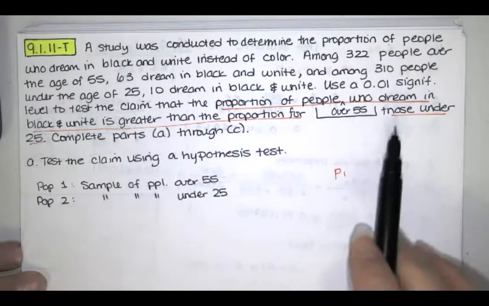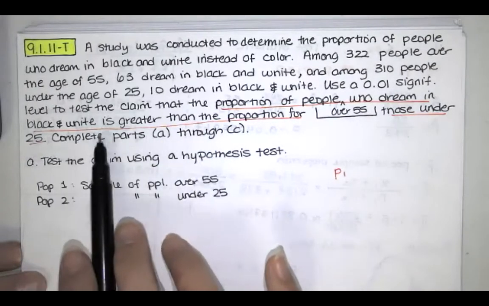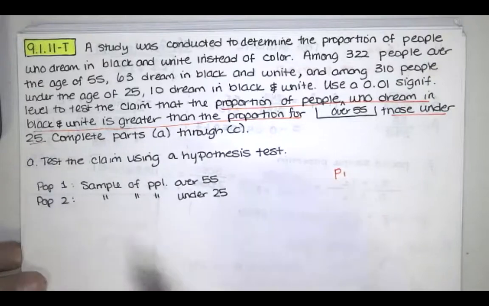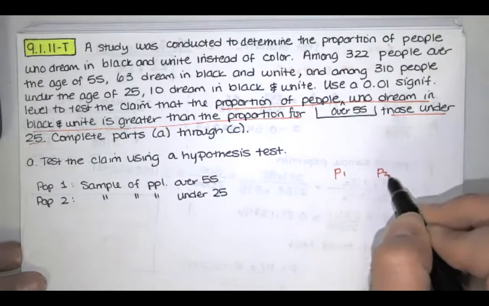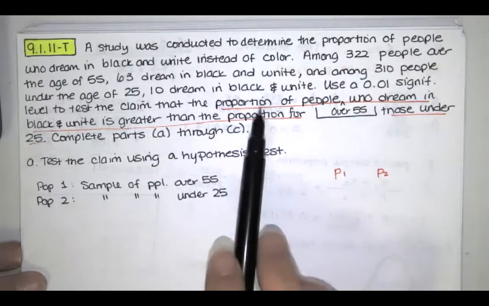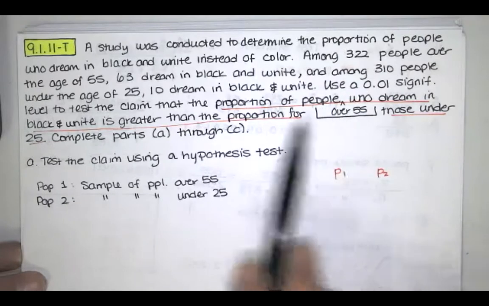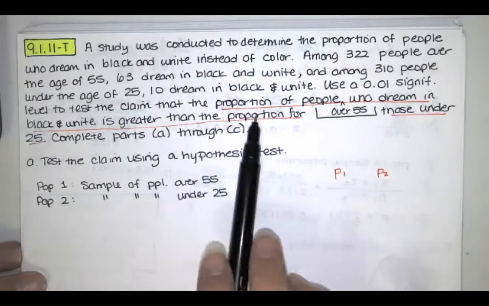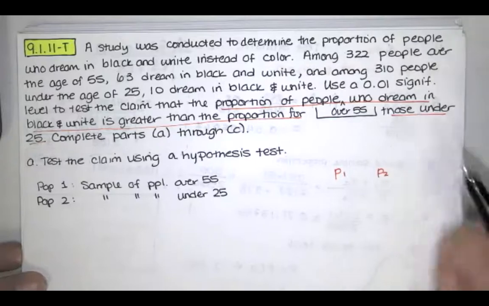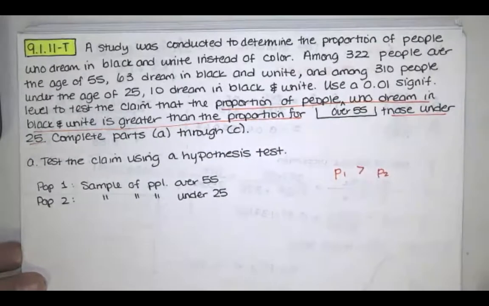And then the proportion for those under age 25 would be denoted by p sub 2. Our claim is that the proportion of people over 55 is greater than the proportion under 55. So our claim is this.